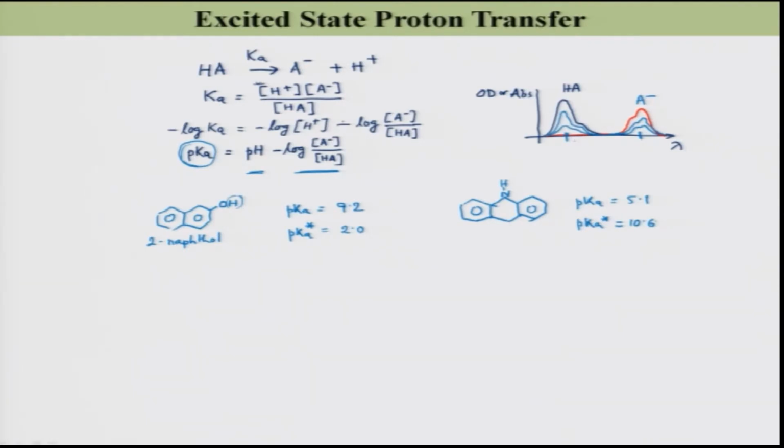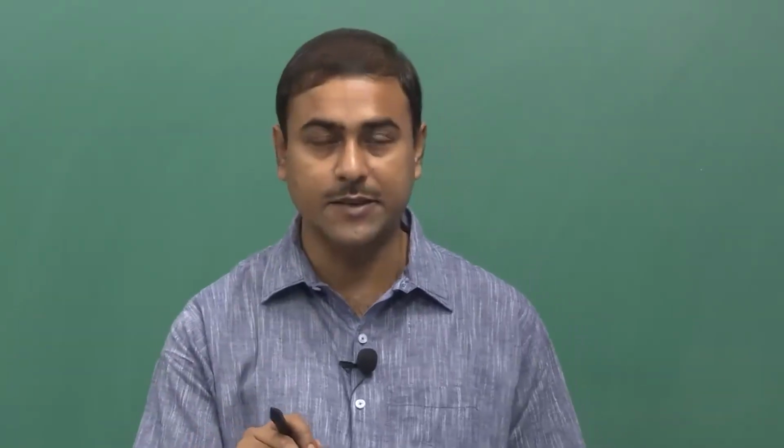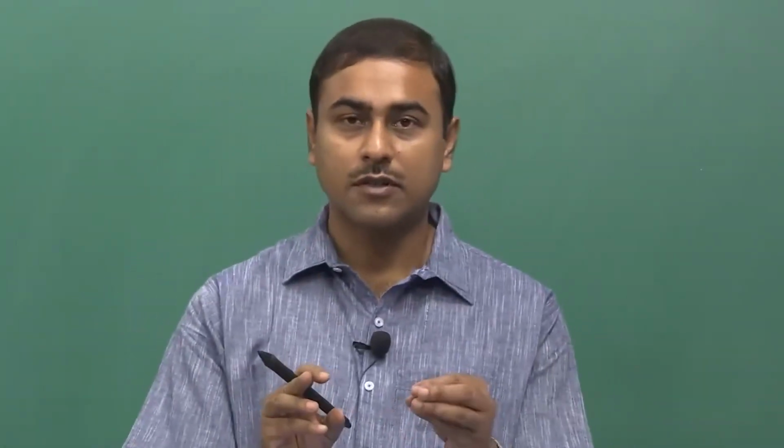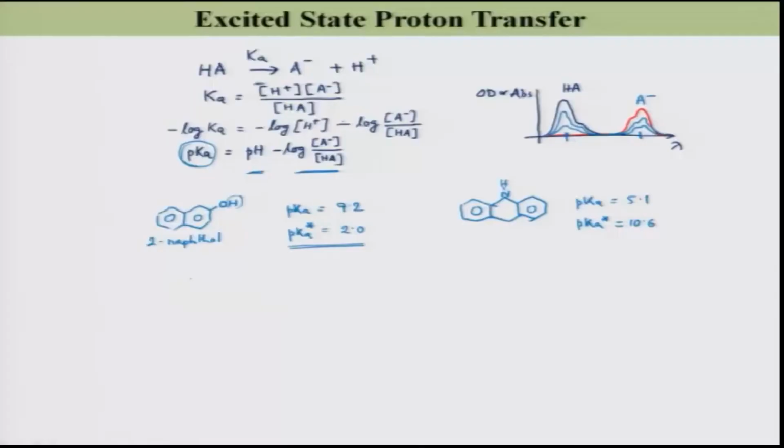In the case where pKa star is much lower compared to the pKa, it is possible that if you have a base sitting next to the molecule HA in the ground state, the proton could not be transferred from HA, because it is not favorable. Let me write HA plus B going to A minus plus BH plus.